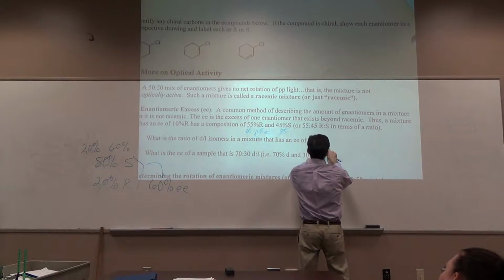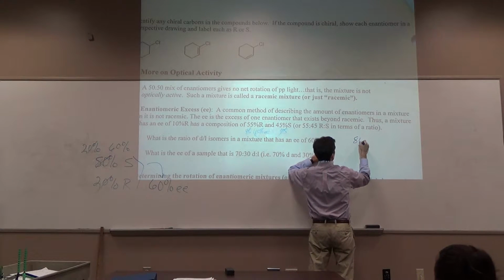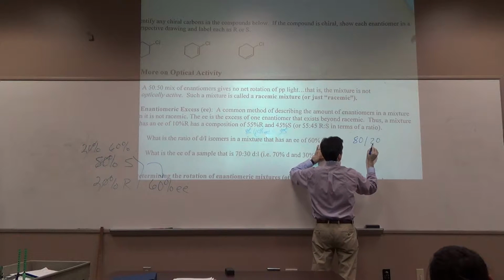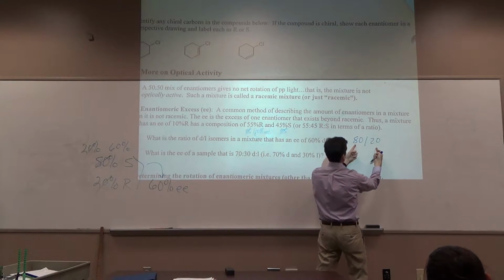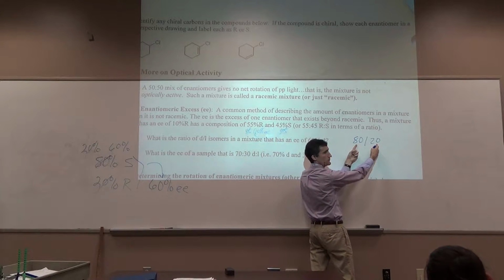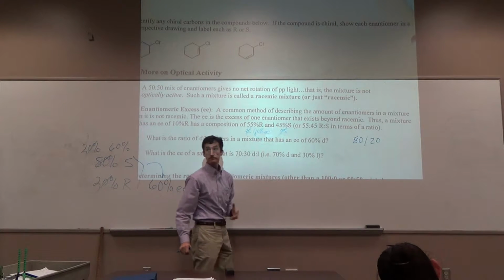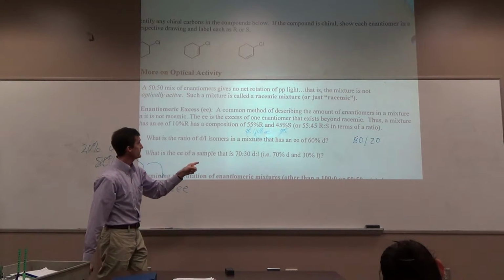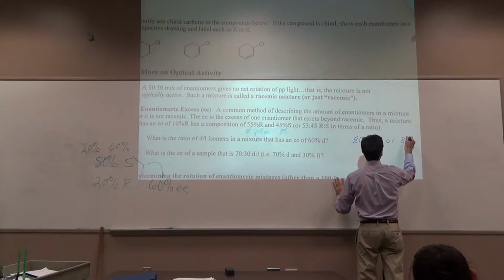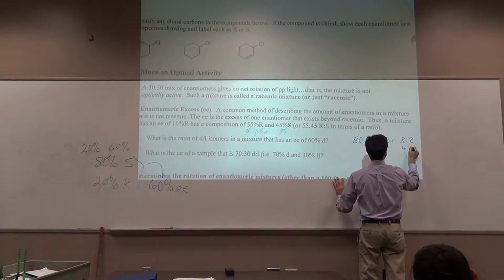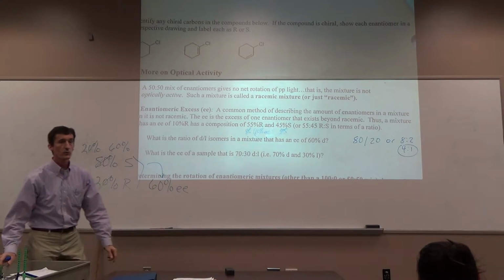If the EE is 60%, what's the percentage of each? 80-20, right? 80% and 20%. How do I know that? Because if 20 cancels 20, you're left with 60. So it's 80-20. What's the ratio? It's 80-20, or 8-2, or 4-1? You can take it down to 4-1.